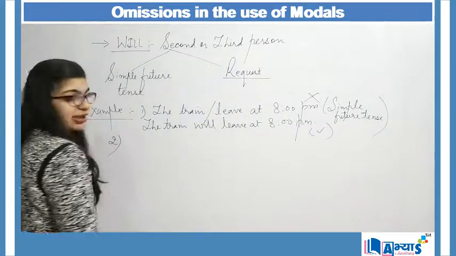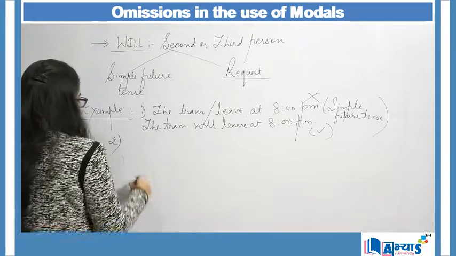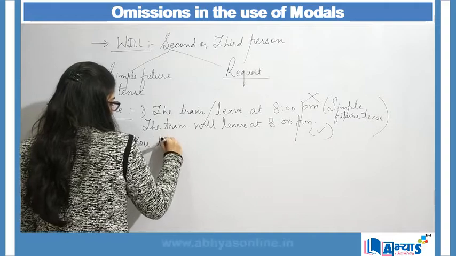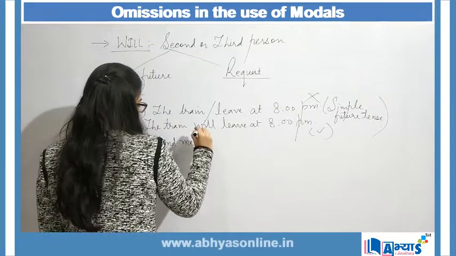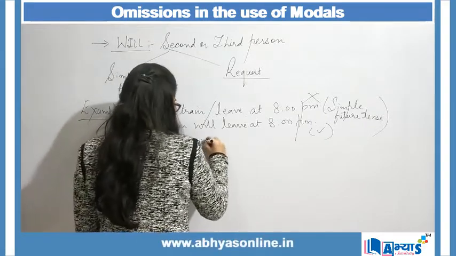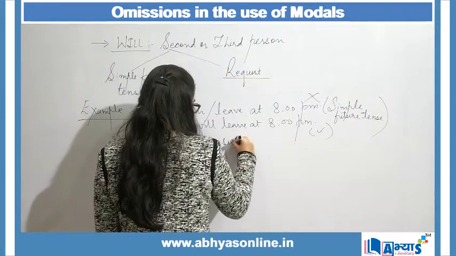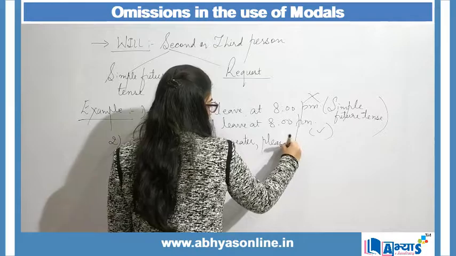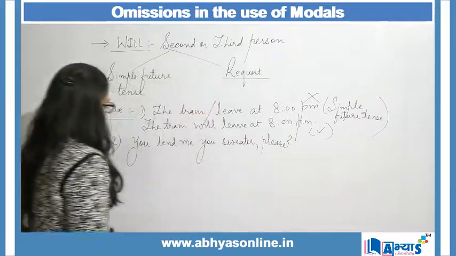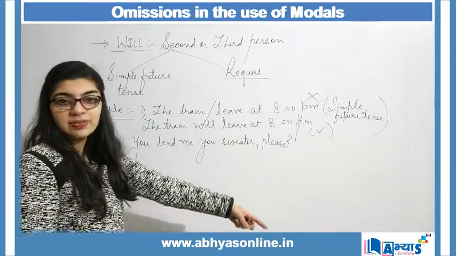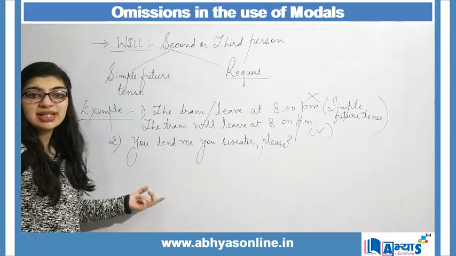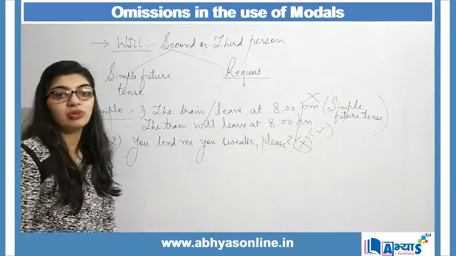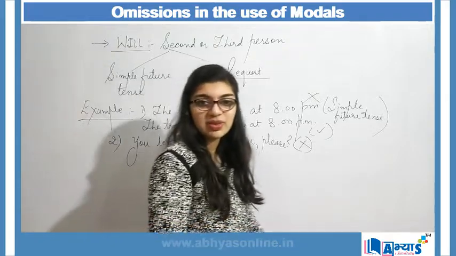Another example can be: you lent me your sweater, please. You lent me your sweater, please. Is this sentence correct? No. I feel that my sentence is wrong. One word has been omitted from the sentence.